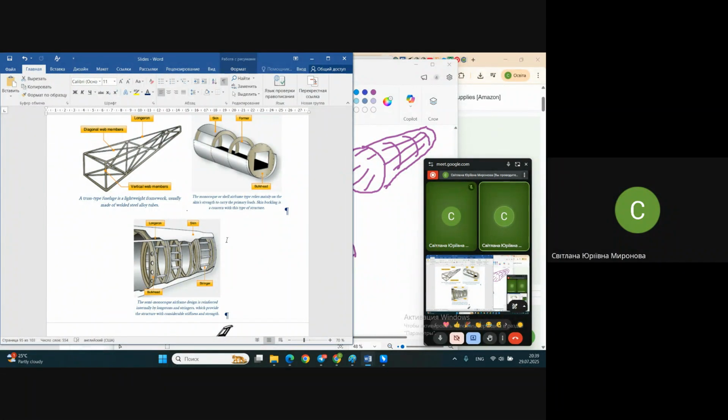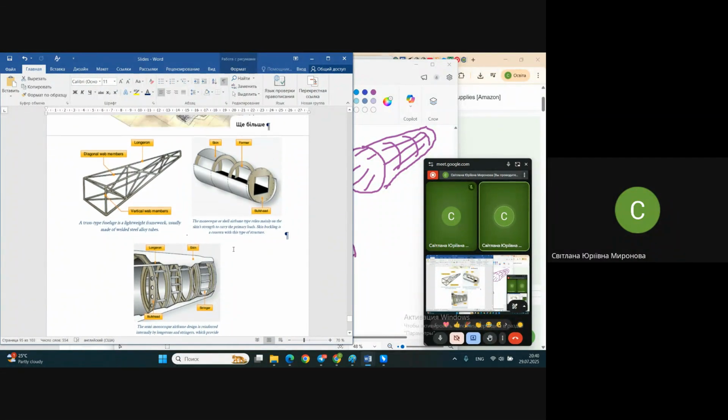Longerons are more massive, greater in size. Stringers are rather delicate elements. We will see it in photos next, and maybe not right now, but in our more practical classes. And in this case, I hope, you will understand better.